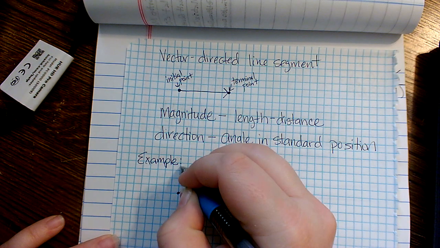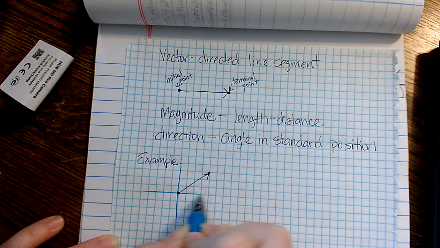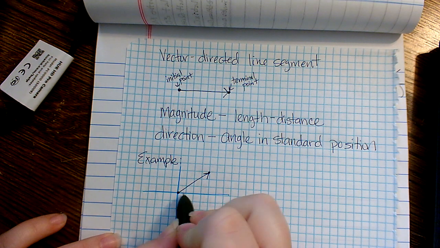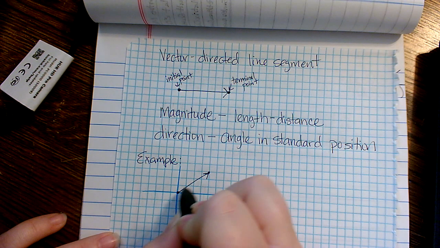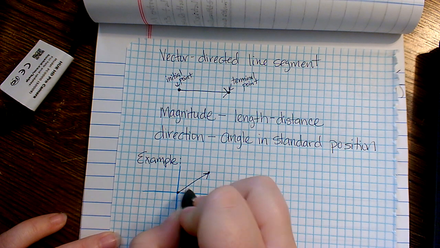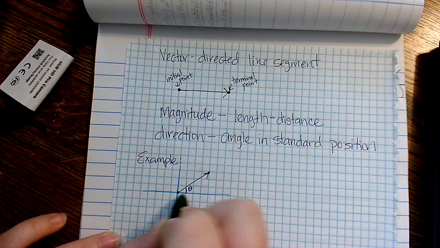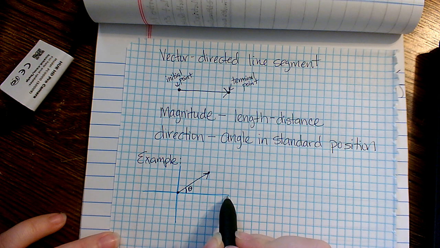If you imagine this initial point on the origin, now it looks like what we did back in unit 1. The magnitude is going to be the length of this arrow, and the direction is going to be this angle measured from standard position, where 0 degrees, the initial side of our angle, is always on the positive x-axis.